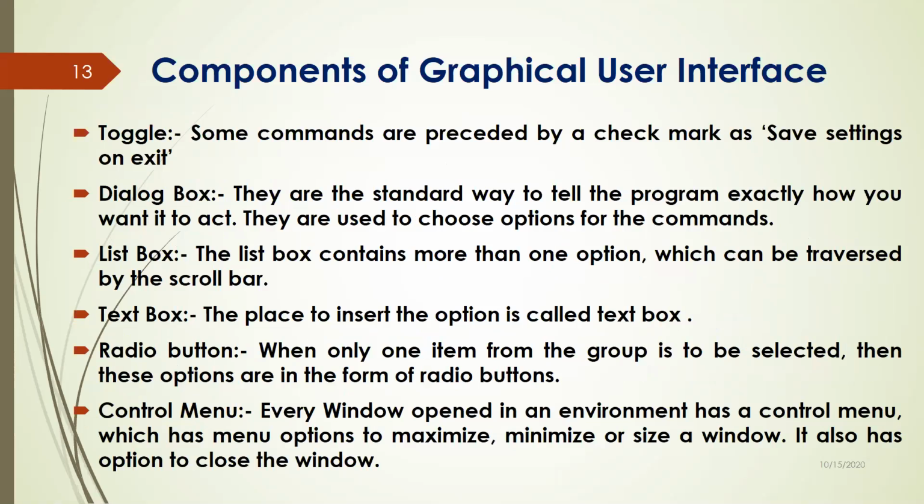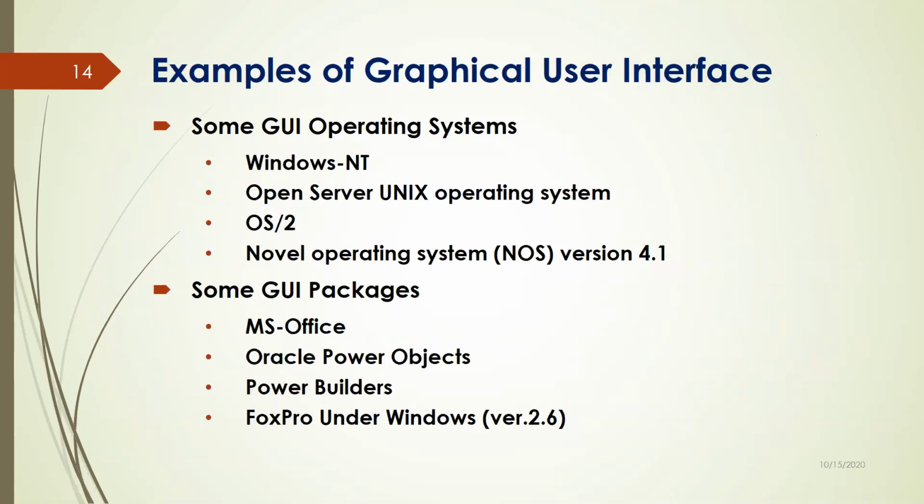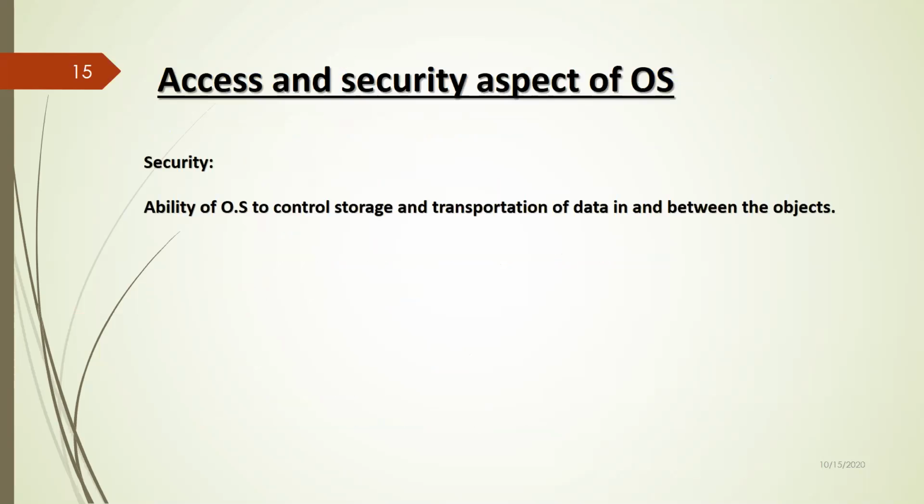And other components like toggle, dialog box, list box, text box, radio buttons are used majorly in MS Word, Paint, and the complete MS Office, right? Some examples of graphical user interface operating systems are Windows NT, Windows Server, Open Server Unix operating system, OS2, Novell operating system, and GUI packages are MS Office, Oracle, Power Objects, PowerBuilder, right? These are all the examples.